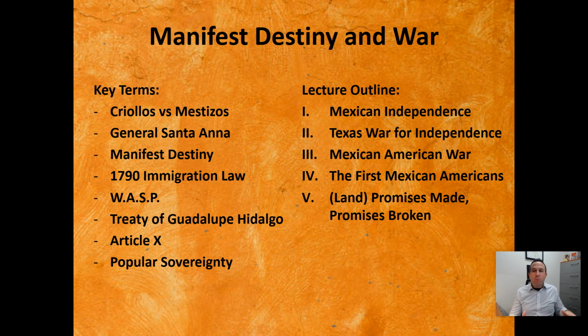All right, so we left off with the end of the Mexican-American War. And we mentioned at the very end the Treaty of Guadalupe Hidalgo, which was designed to deal with what to do with the inhabitants, these somewhere between 86 and 116,000 Mexicans who were living in that territory.